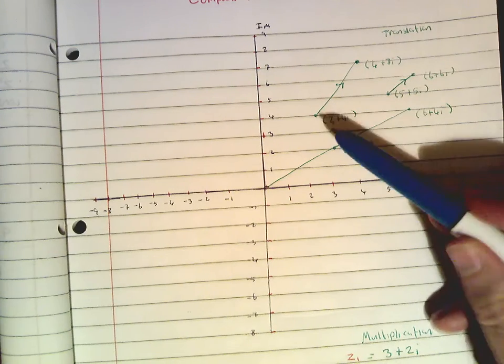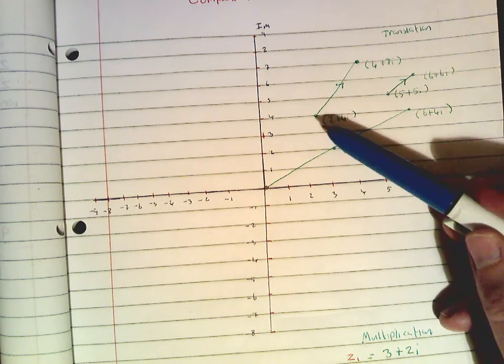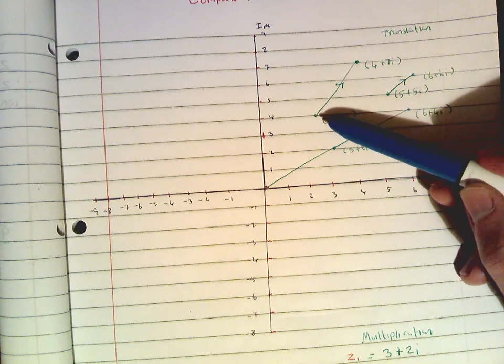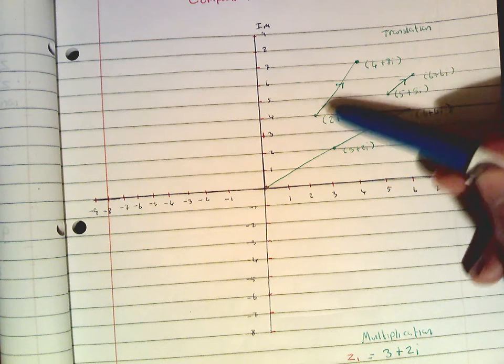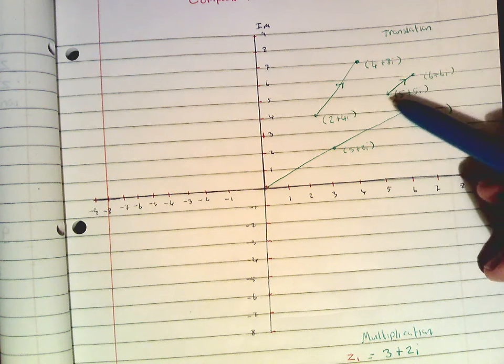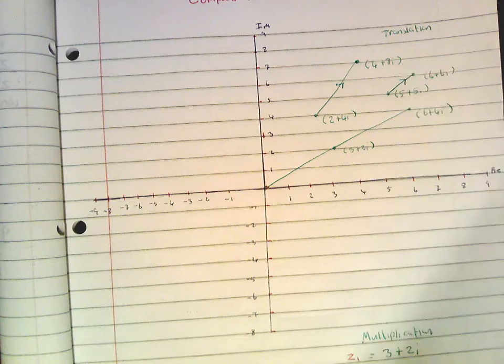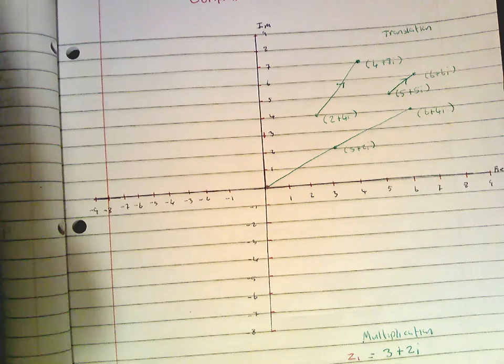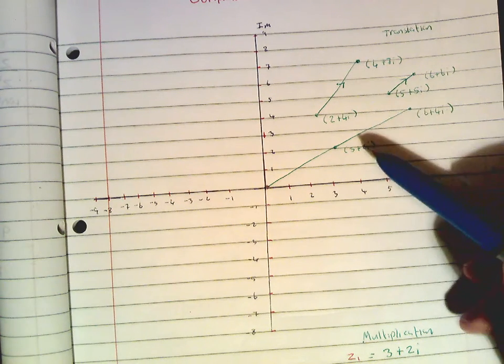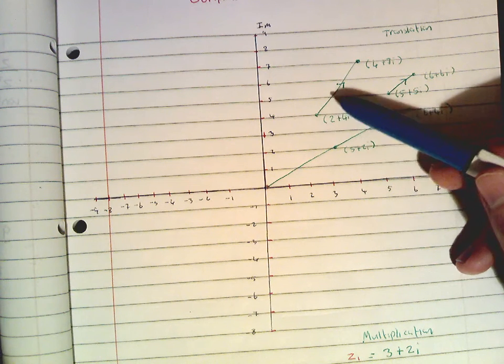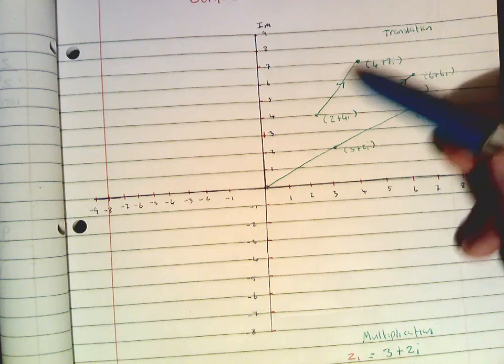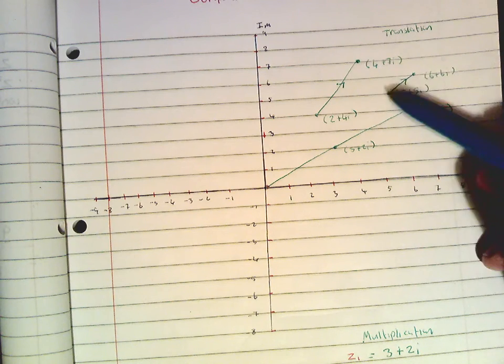We can see that when we add complex numbers to each other, the direction of the translation is the same. It's generally in this direction, and the same with this one, it's in this direction here. So with translations, the complex numbers are moved in a given direction, a given distance. This one moves from here to here, and this one moves from here to here.